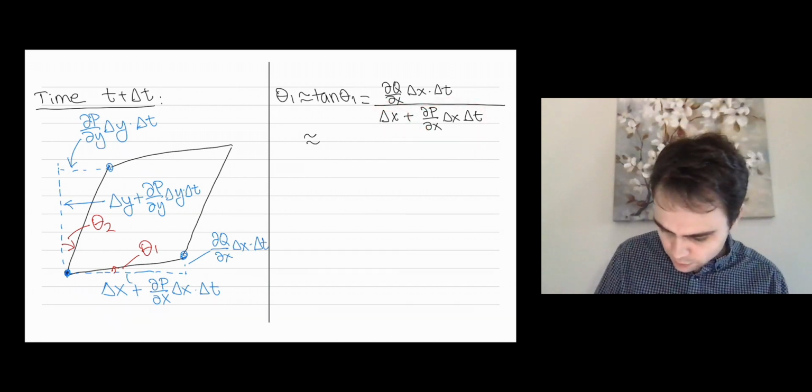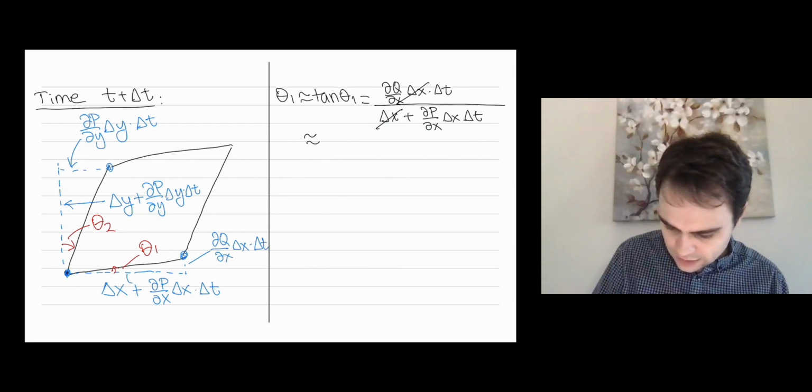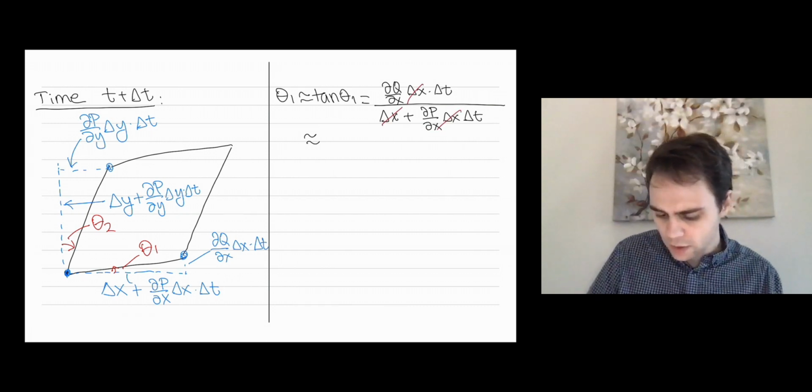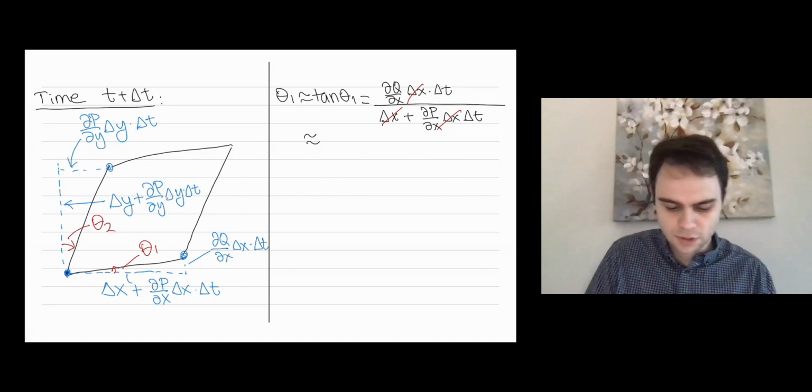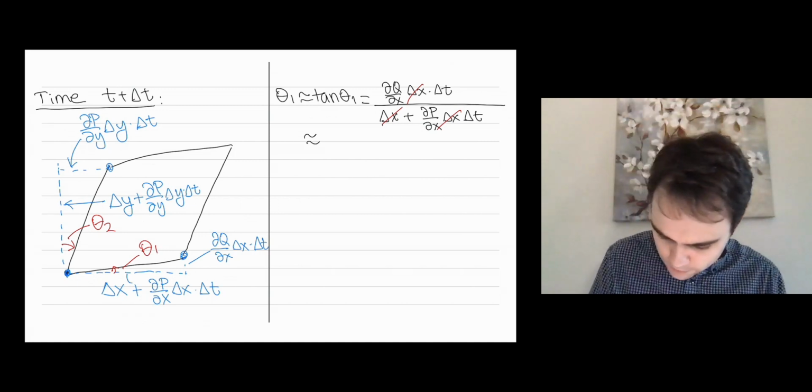And so I can just cancel the delta x's. Another way to think about this is you can bring out the delta x and cancel it. You're left with 1 plus something small, and dividing by 1 is basically the same as dividing by 1.01.